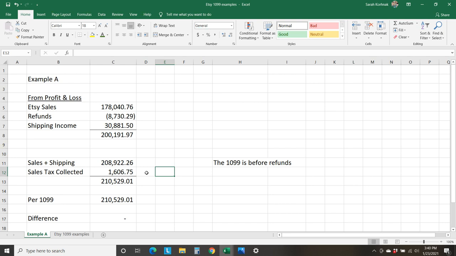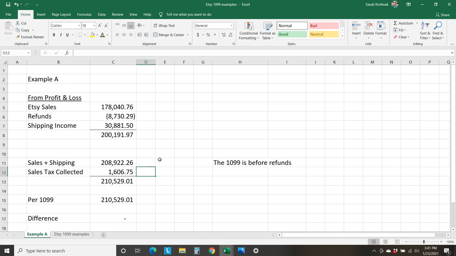So I went through all of the monthly journal entries that we did, and I added up all of the sales tax amounts that Etsy remitted to us throughout the year, and that was the total. Once again, you'll know what I mean when I say I went through all the journal entries and found the sales tax number if you've been following my method. If you haven't, backtrack and watch those videos first.